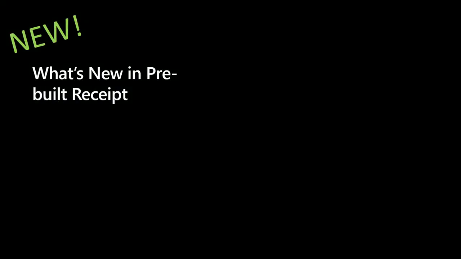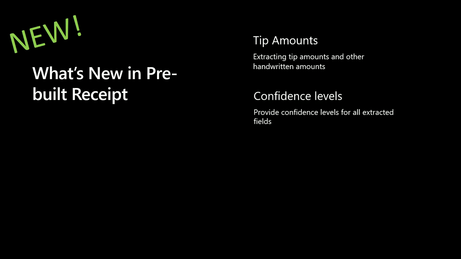So let's discuss what's new and what are we updating in the pre-built receipts. So first of all, we're adding tip amounts. So now we can also extract the tip amounts if they're handwritten, if they're on the receipts. This is great for restaurant receipts, for example. Confidence level.